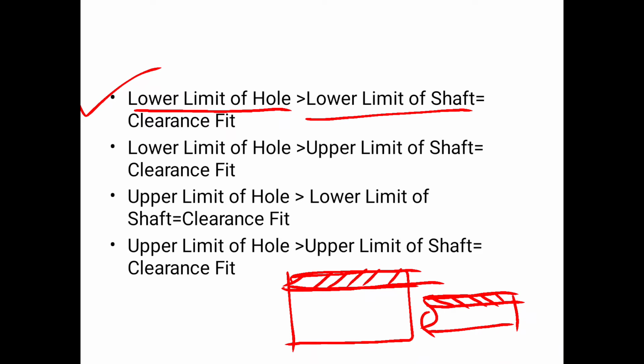So see, this is the lower limit of hole. Now this is greater than lower limit of shaft, hence there will be clearance fit. Again, lower limit of hole is greater than upper limit of shaft. This lower limit of hole is greater than upper limit of shaft.